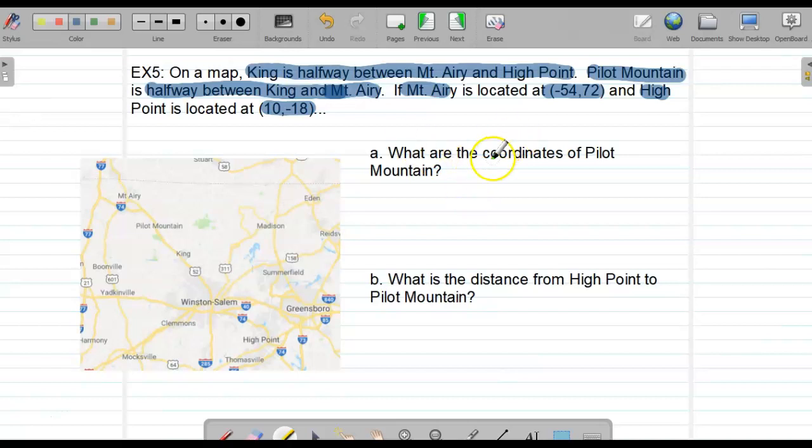And then here we're just looking for the coordinates of Pilot Mountain, and here we're just looking for the distance, High Point to Pilot Mountain.